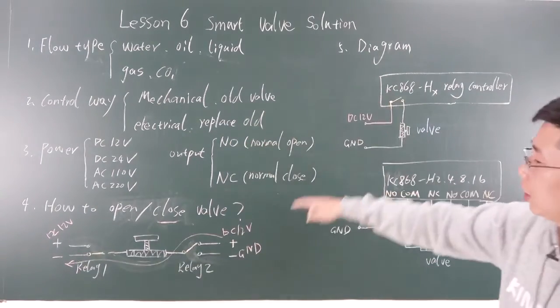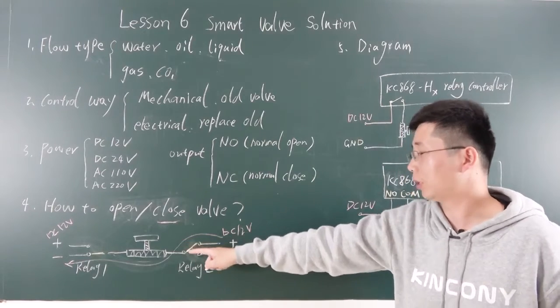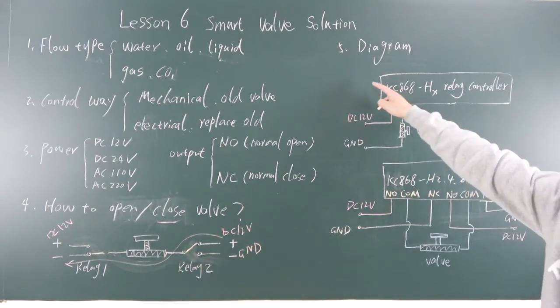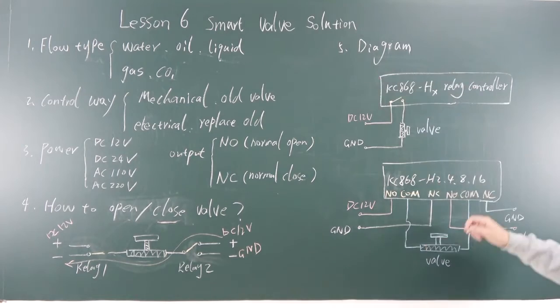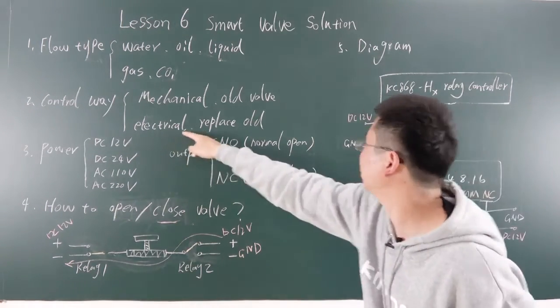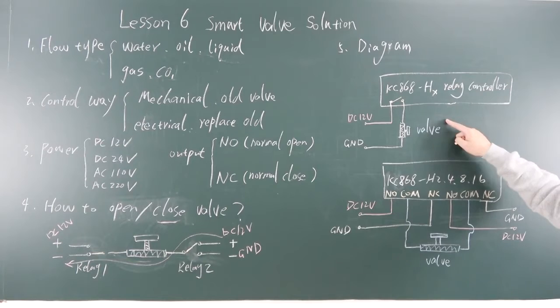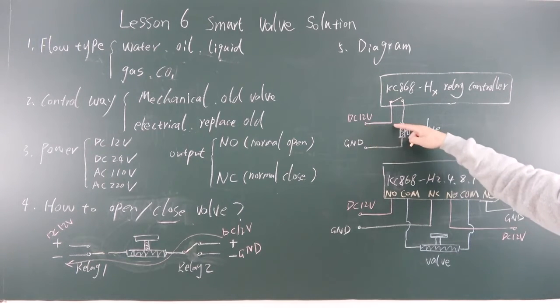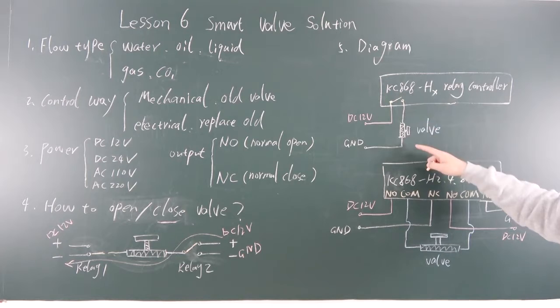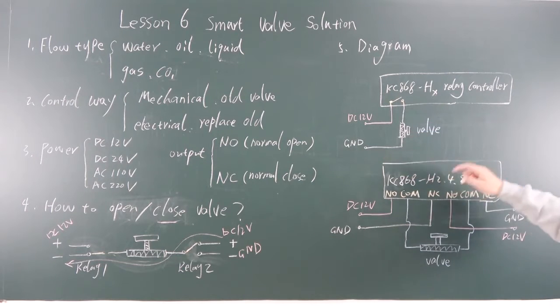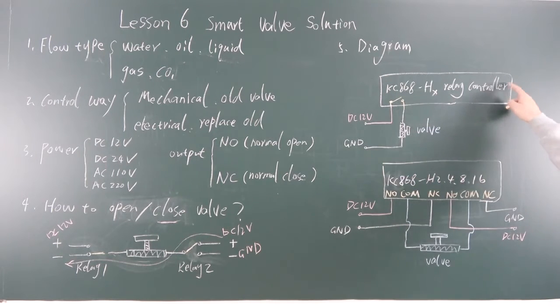Okay, when you understand the principle of how to change the pole for changing the directions, you can see this is a diagram for the electric valve. So this is the easy way. Just give the 12 voltage DC to the relay, go through the valve, and go to the ground. So this can use any relay controller.